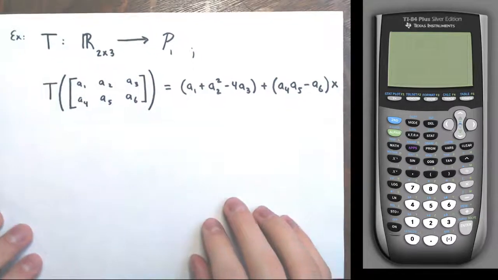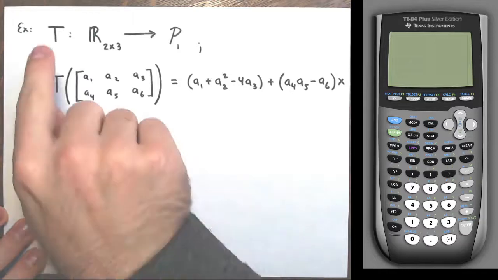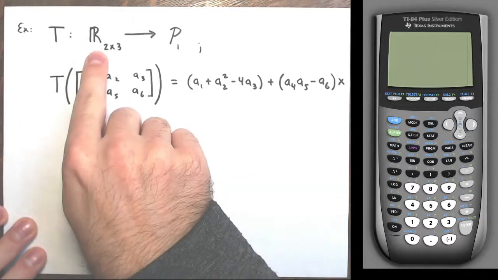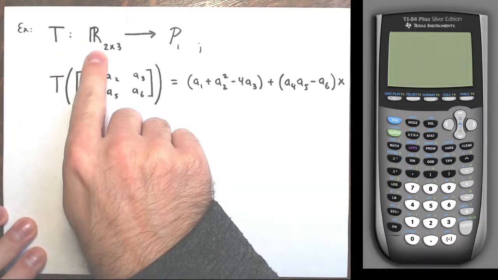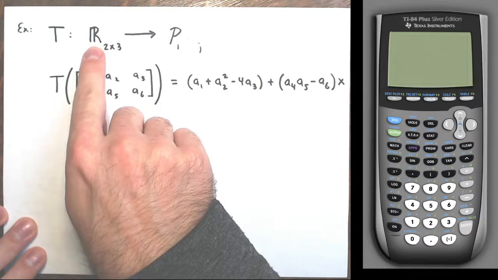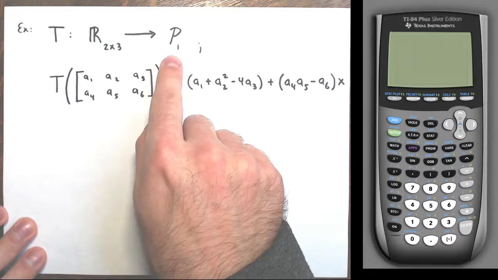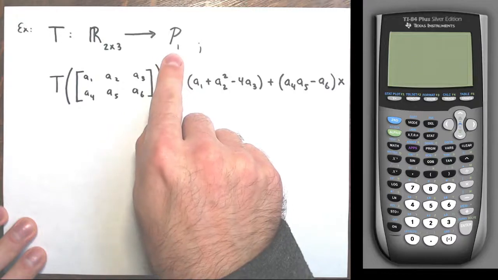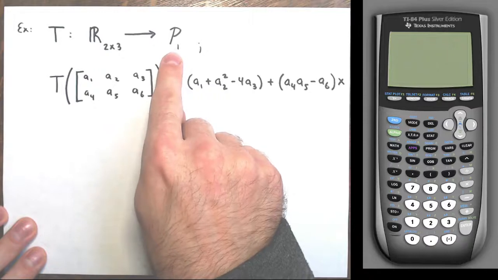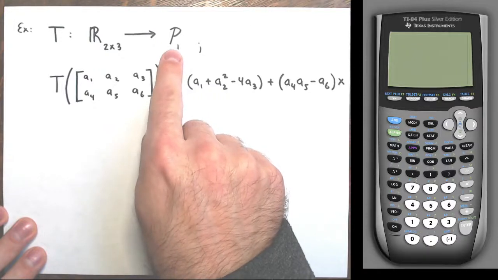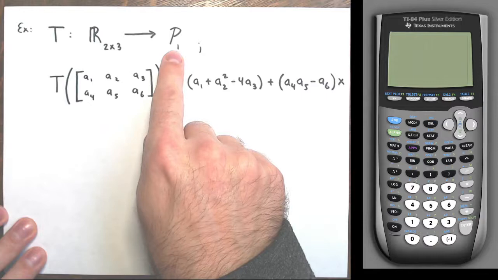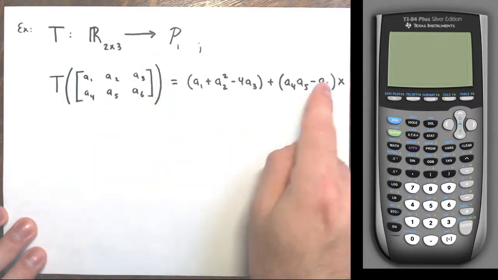So here's another one. I have a transformation here. This is the set of 2 by 3 matrices with real number entries, and the codomain over here is P1. Remember P2 was the set of all polynomials of degree 2 or less. This is the set of all polynomials of degree 1 or less. So here's the rule.